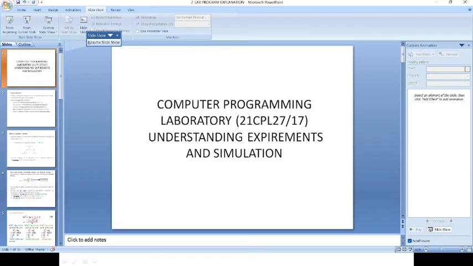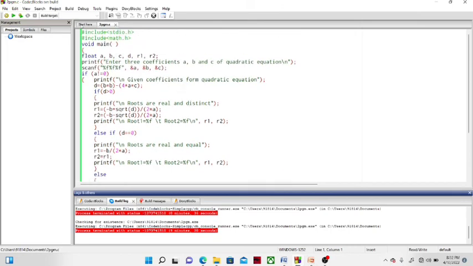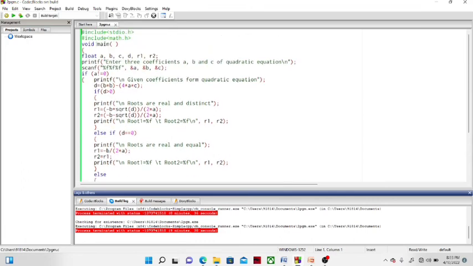Okay, so the same program has already been written here. So I will just run the program. Before that, we will look at the program once again, whether it is the same as I have explained or not. Okay, so yes, it is absolutely right.